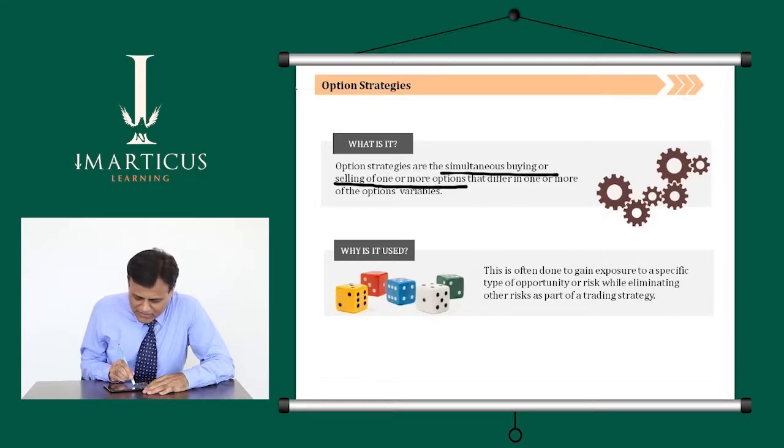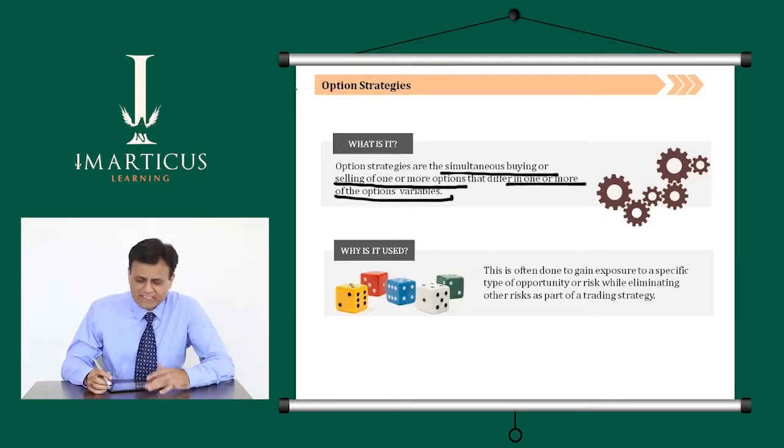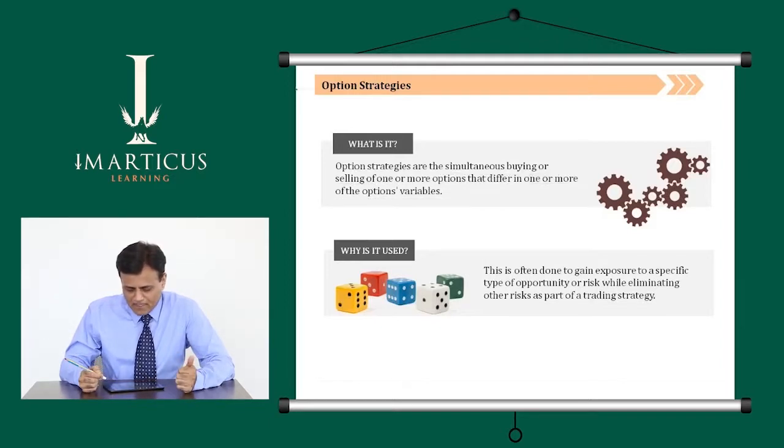Also, they can differ in other option variables, which means you can buy or sell multiple strikes or multiple expiries. Let's take an example to build this further.